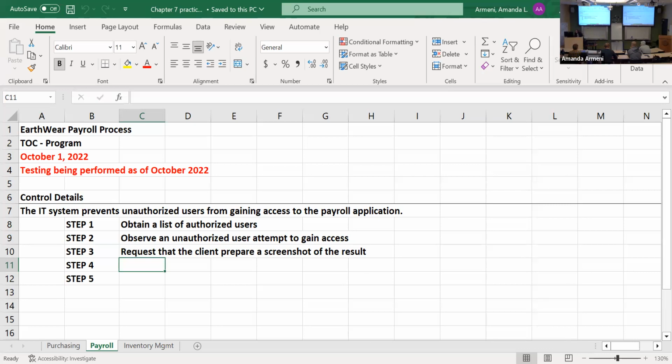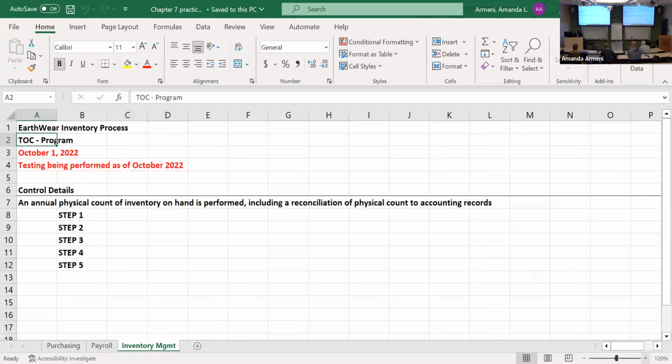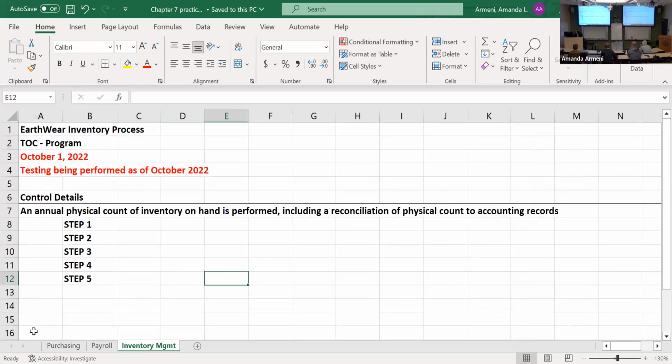Okay, so this is the one that we didn't get to on Wednesday, related to inventory management, okay? So on an annual basis, a physical count of inventory on hand is performed, including reconciling the physical count to the accounting records, okay?